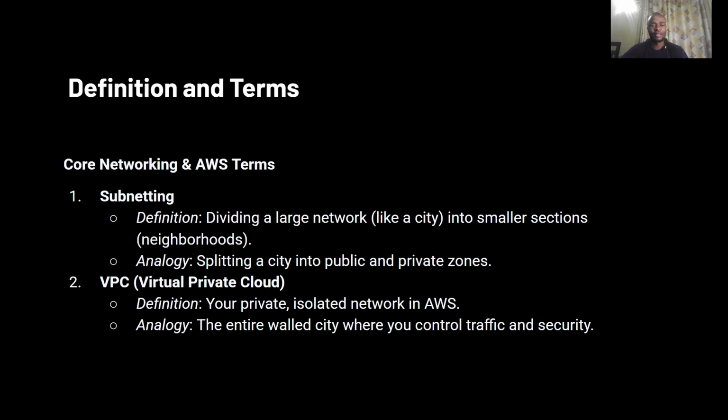The second definition we see here is VPC. A VPC is your isolated network in the cloud. You can look at the VPC as your own section in the internet, which you have taken to be yours.